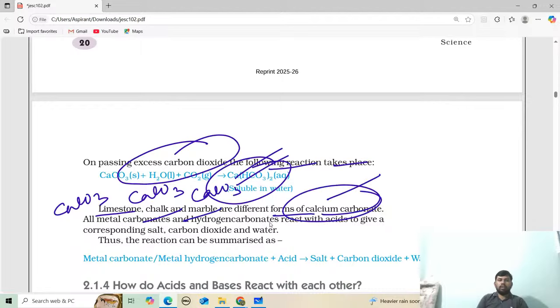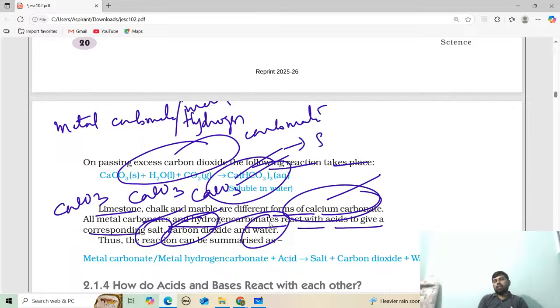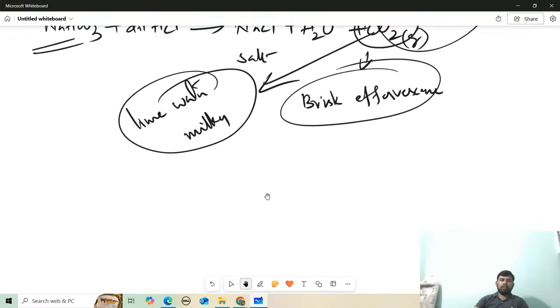All the metal carbonates and hydrogen carbonates react with an acid to give the corresponding salt, carbon dioxide, and water. Let me write the general equation here. What is the general equation, sir?